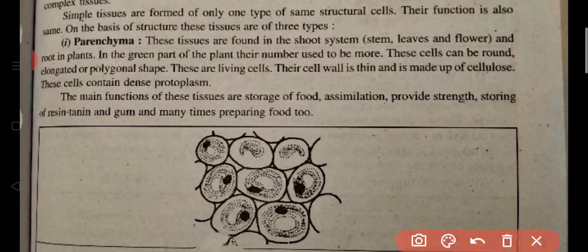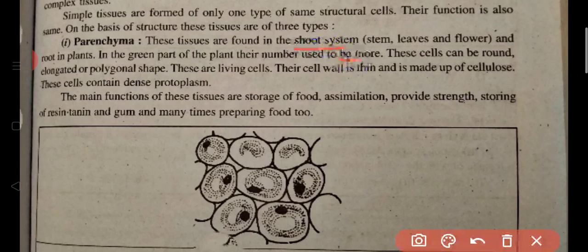Okay, let's start to know about the parenchyma. These tissues are found in shoot system, stem, leaf and flower, and root in plants, in the green part of the plants. They are found in more numbers. And these cells can be round, oval, elongated or polygonal shape. And these are living cells.